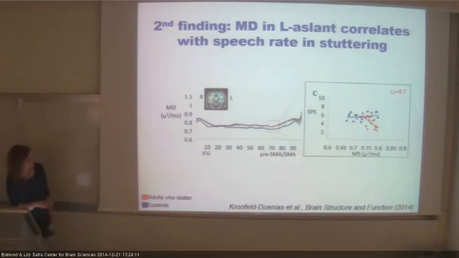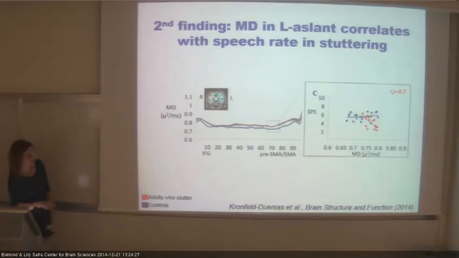So those that speak faster have reduced mean diffusivity, which in a perfect world will say enlarged anisotropy, but not in this group. In this group, diffusivity and anisotropy were not that beautifully correlated.